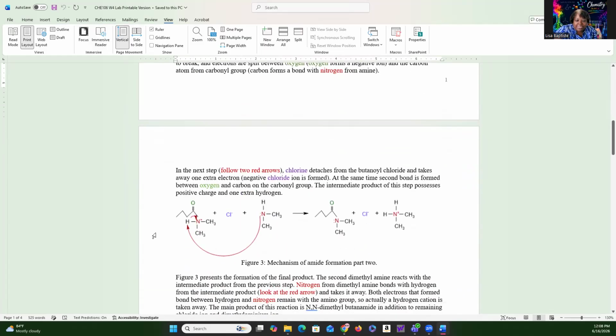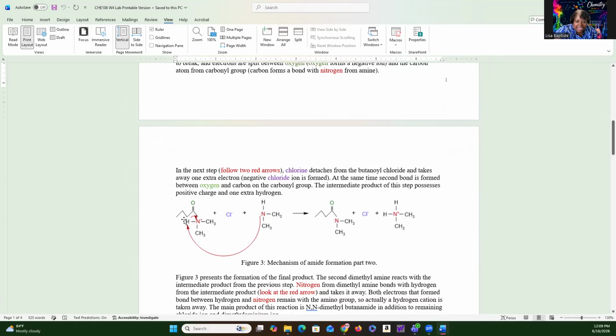So now we're going to take that amide because we want to form our amide as well as our amine. And so we are now going to have this lone pair of electrons from another amine come in, and it's going to take this hydrogen.